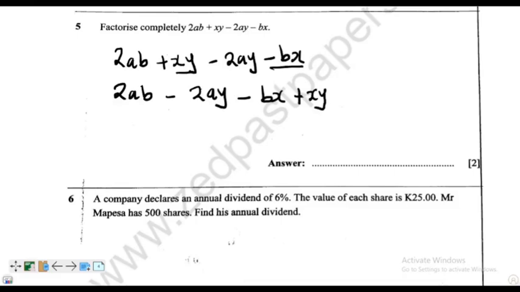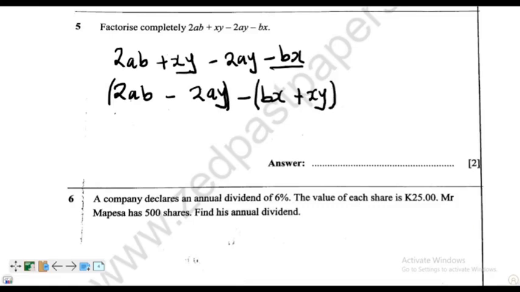When you start with xy, in the brackets we are not going to have terms that are similar. I'm trying to avoid that by starting with a negative bx. So from here, what are we going to do? We are going to group them like this in brackets.